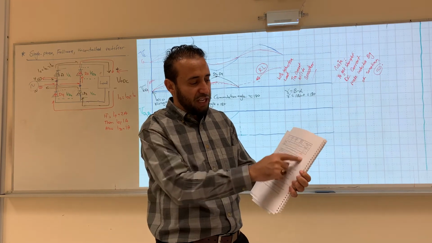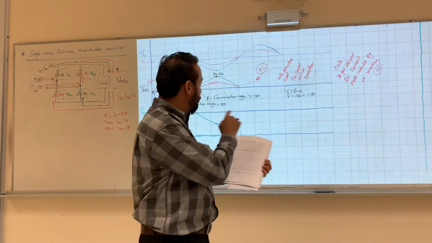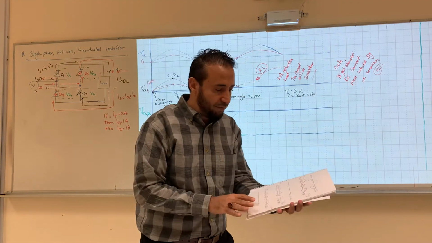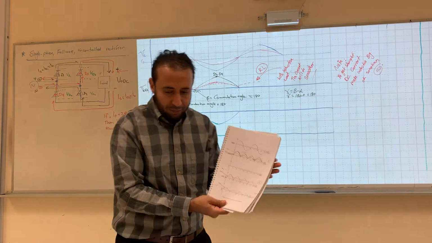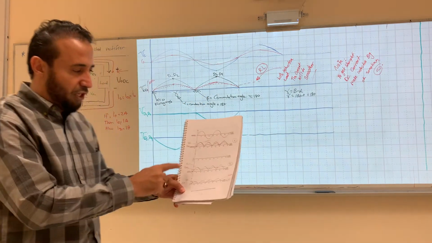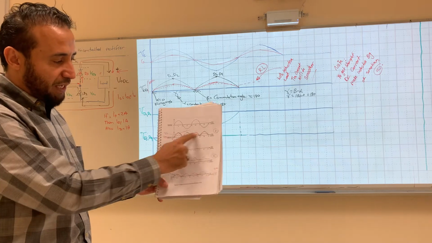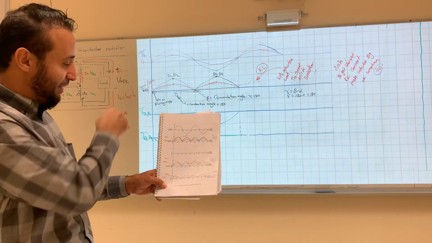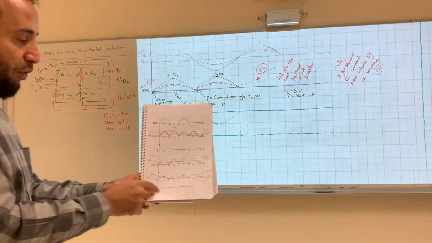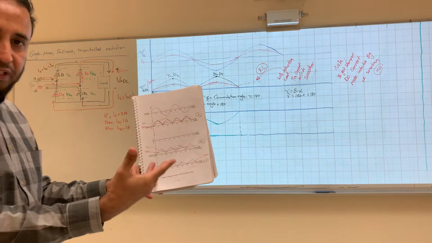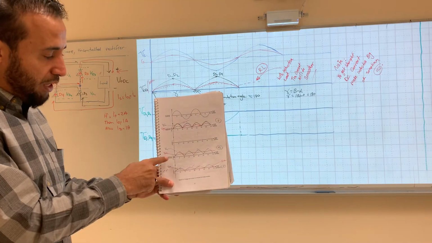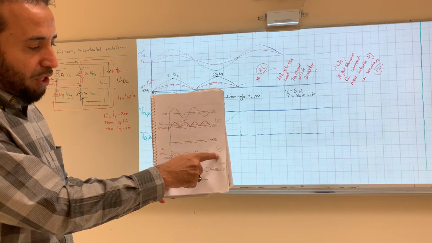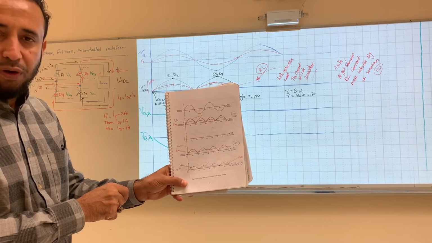And the conduction angle will be the same because there is no change. The conduction angle will be 180 for resistive and inductive. And the drawing, you're gonna draw the voltage and current here. That's for the resistive. You guys see it, same as that. And then for the inductive, you're gonna add the inductor in series with the resistive load, and that will be the change, which is the current. The current will be smoother.